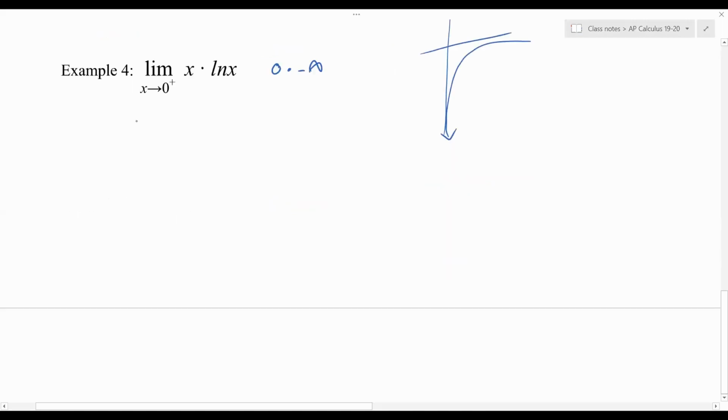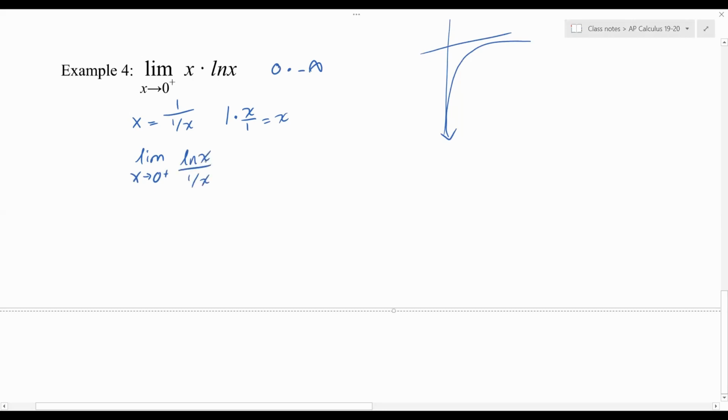We can write x as equal to 1 over 1 over x. Remember, when we divide, we can multiply by a reciprocal. So that's 1 times x over 1, which equals x. Now we can write this as the limit as x approaches 0 from the right of ln of x over 1 over x.